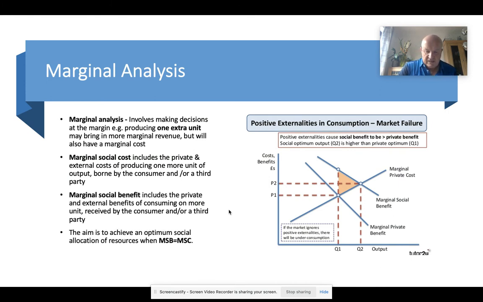So again, in terms of what we're trying to aim to do, we're trying to aim for an optimum social allocation of resources, and that would be where our marginal social benefit equals our marginal social cost. And we'll see in a minute that the government can try to do that using a number of different tools.